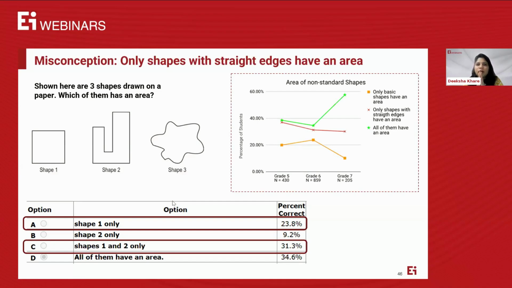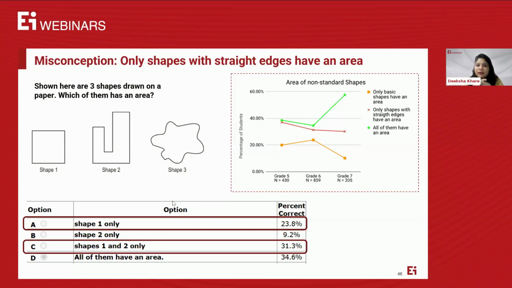Now there is a graph on the screen. It is an item response theory graph, an IRT graph. I'll not go into how this is obtained. We'll just quickly see what it tells us. The orange line on the graph corresponds to the misconception that only basic shapes, like standard looking shapes, have an area.